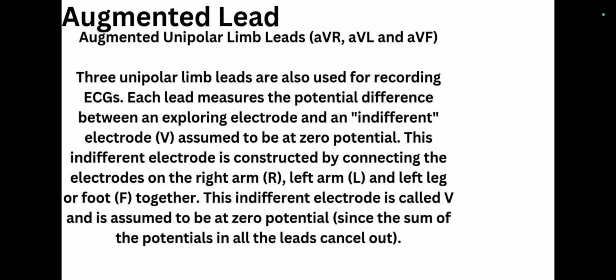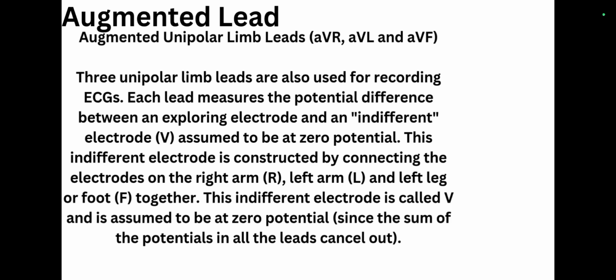This indifferent electrode is constructed by connecting the electrodes on the right arm, left arm, and left leg or foot together. It is called V and is assumed to be at zero potential since the sum of the potentials in the leads should cancel out for the proper tracing of the augmented leads.